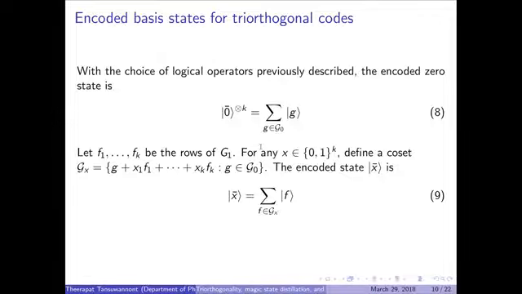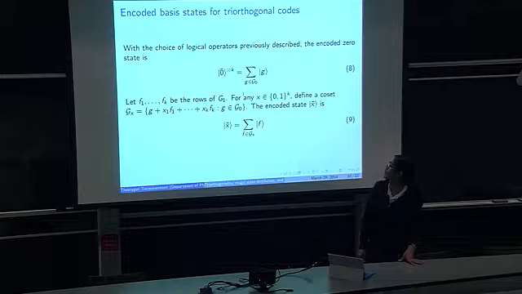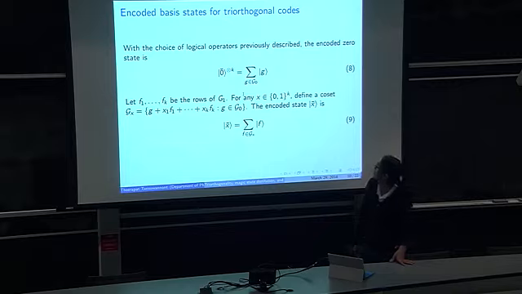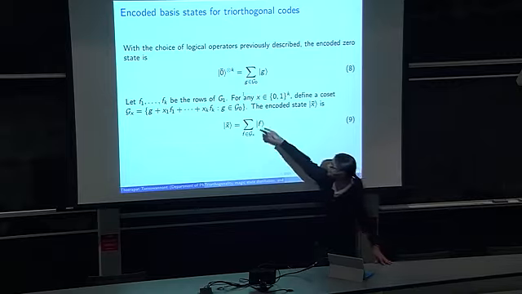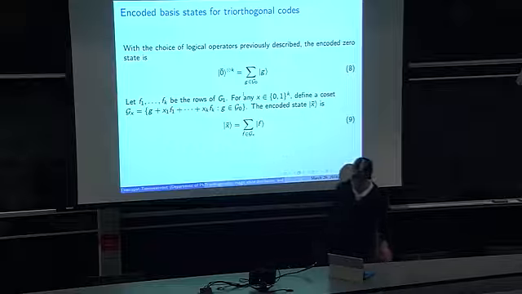And by that choice of logical operators, it's possible to define the logical zero state to be the superposition of states from the vectors in G0. And also it's possible to construct a coset Gx from any value of x to be the set of G from G0 plus x1, f1, x2, f2, and so on.